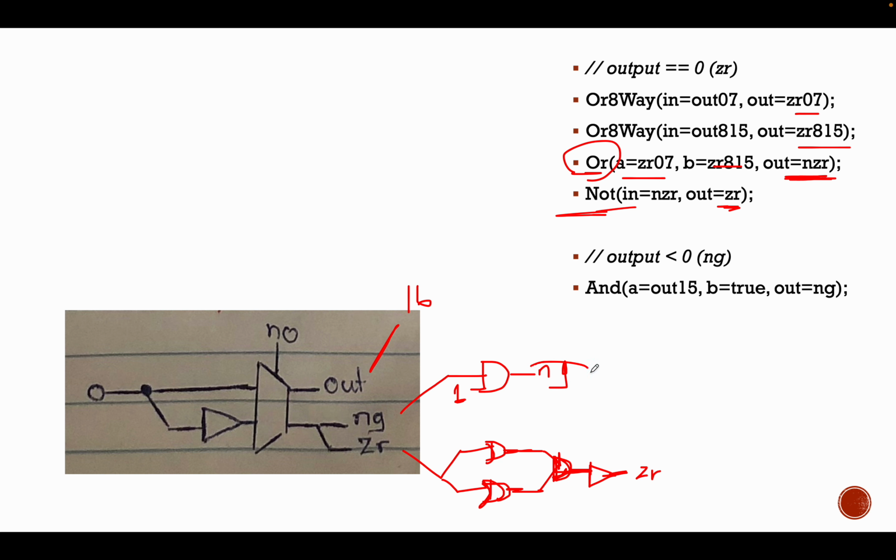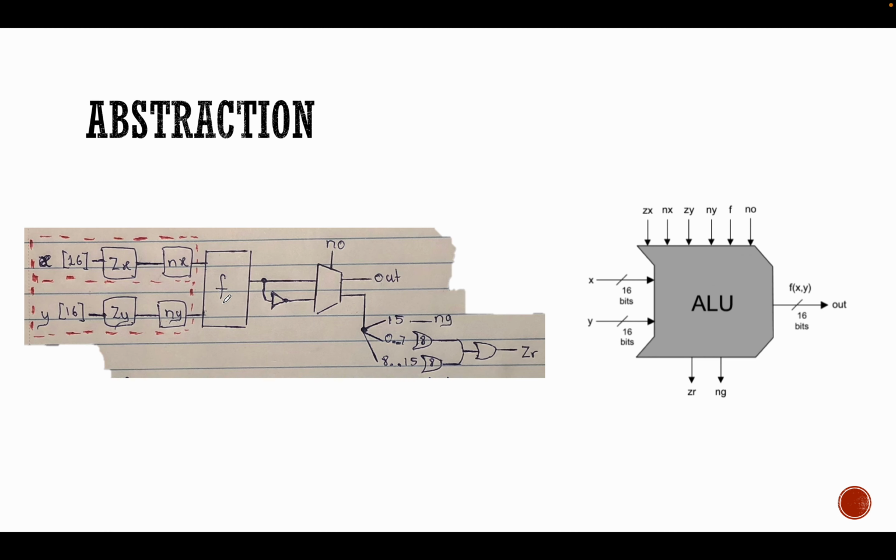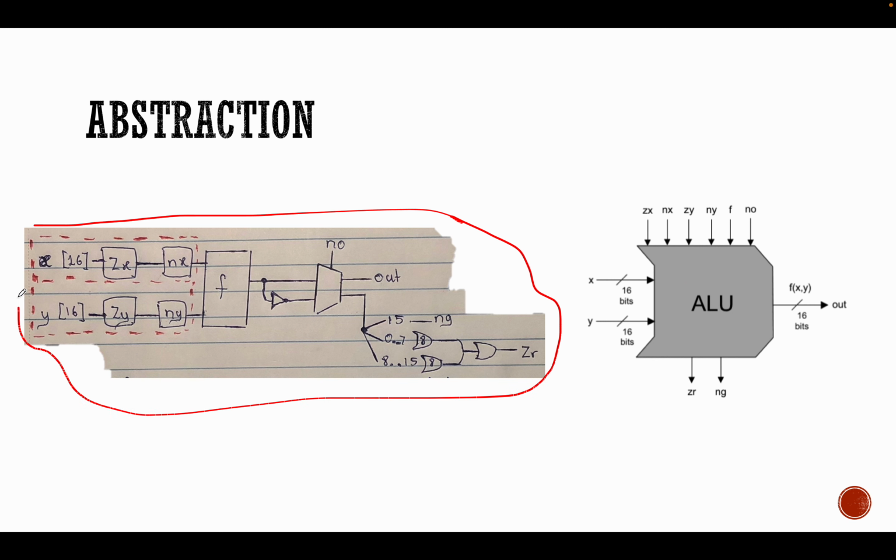So we've got NG over here, and we've got ZOR over here. Okay, that is it. So this is basically the total. When you add up all the parts together, you get this big picture over here. This big picture is the logic gates and whatever is happening inside the ALU.